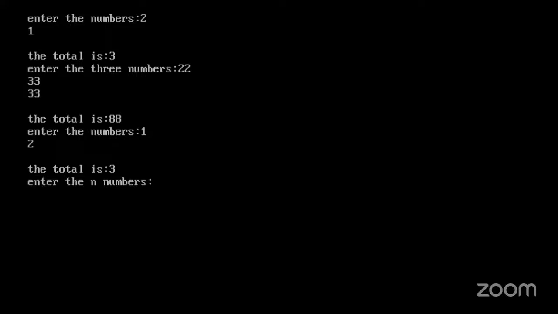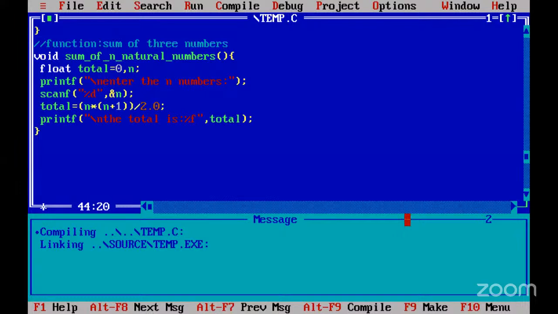Now for n numbers, like large 6 numbers, some we are able to get. I have to see the formula. So here integer, then this is percent f.